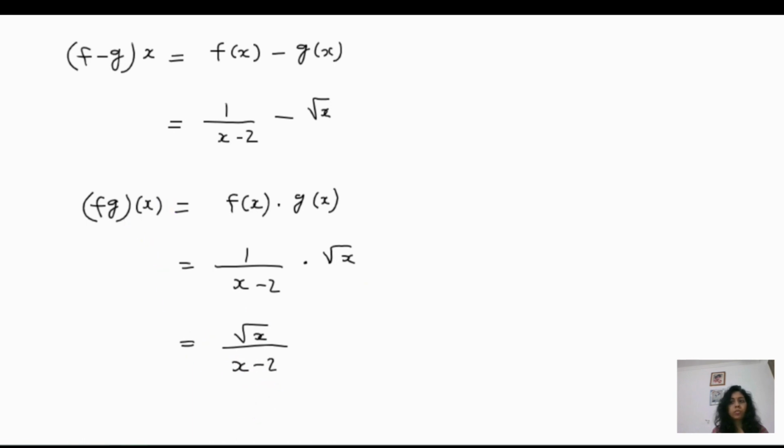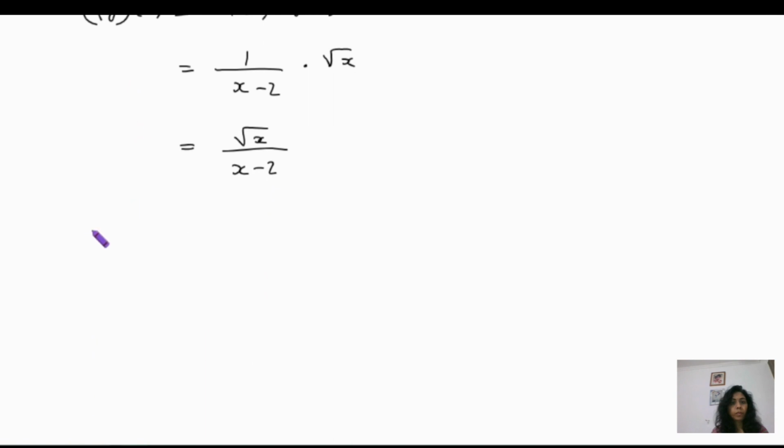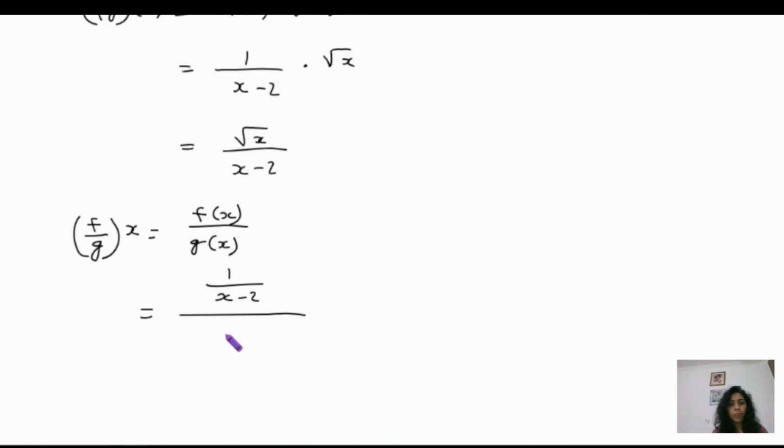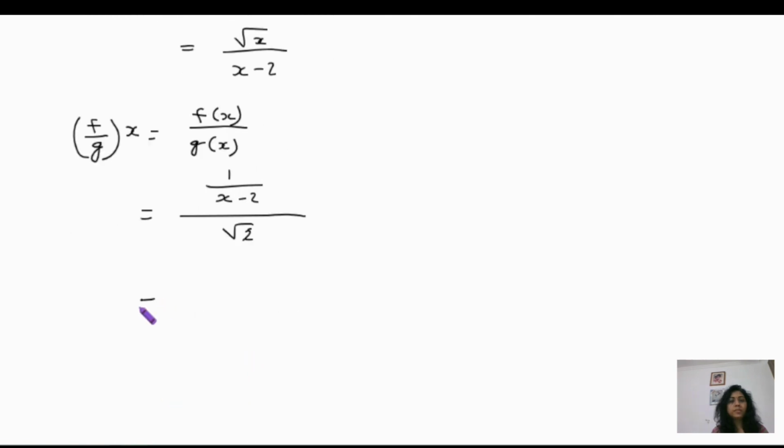Okay. Now the quotient: (f upon g)(x) equals f(x) upon g(x). What is the f(x) value? 1 upon x minus 2 and this is square root x. Now we can simplify this: 1 upon (x minus 2) square root x.